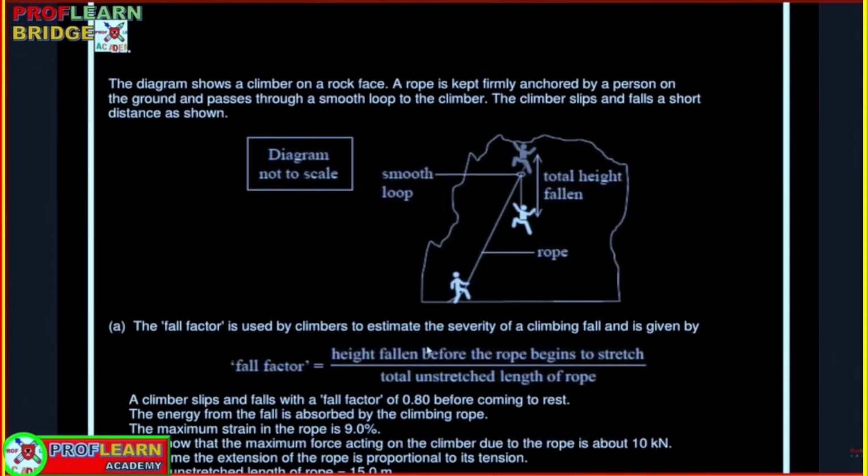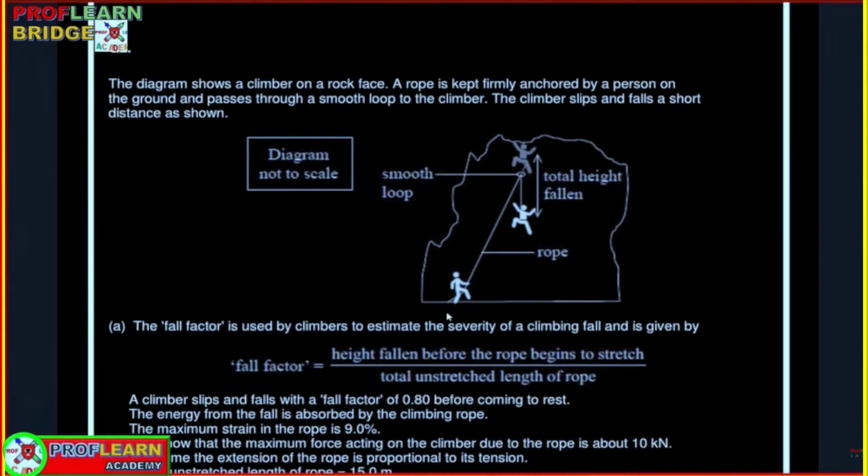The fall factor is used by climbers to estimate the severity of a climbing fall and is given by fall factor equal to height fallen before the rope begins to stretch over the total unstretched length of the rope. A climber slips and falls with a fall factor of 0.8 before coming to rest.